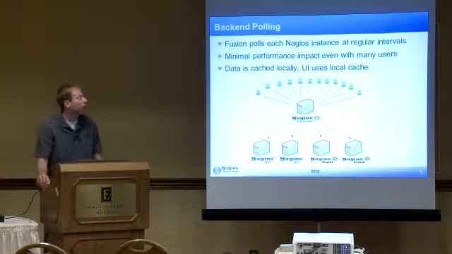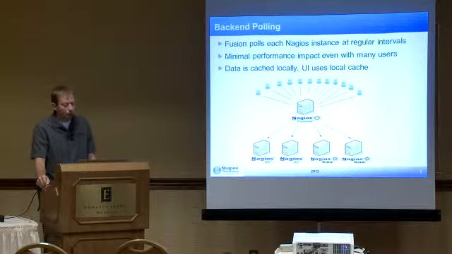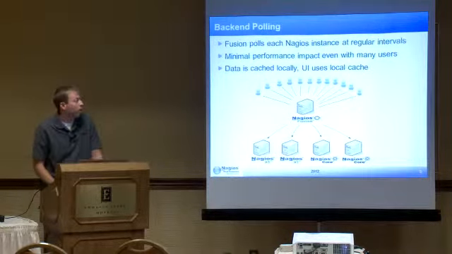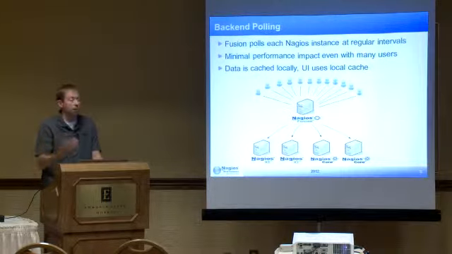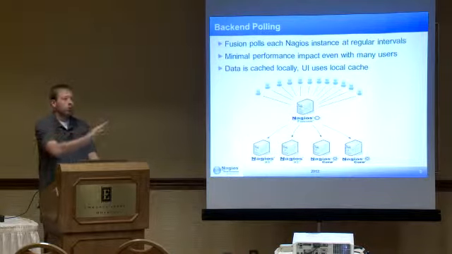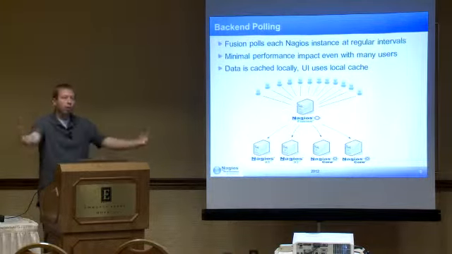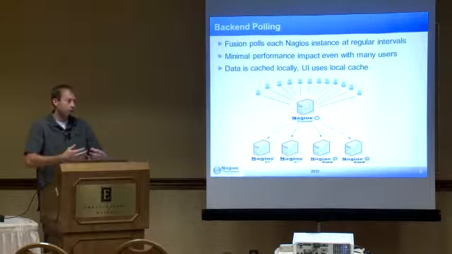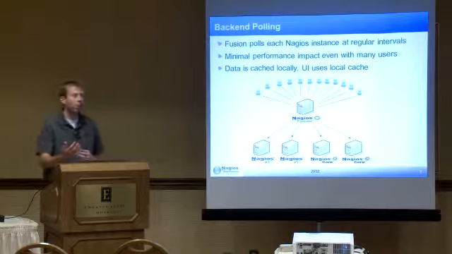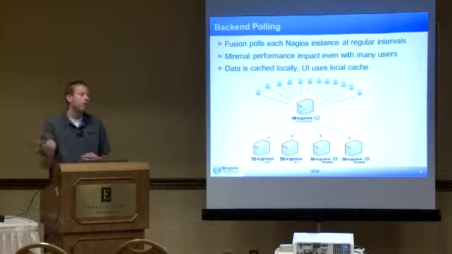So we went for a little bit different approach in 2012, and it actually came with some additional benefits. The way it works in 2012 is that Fusion runs a subsystem process that, at regular intervals, will poll each server for the tactical data, bring it to itself, and cache it locally. That way you're not doing as much performance impact to your child servers.